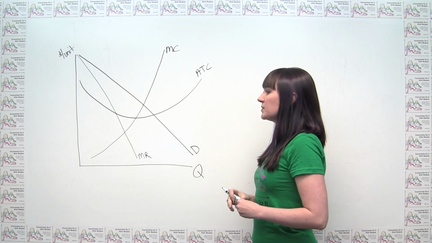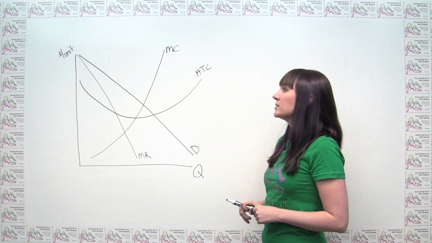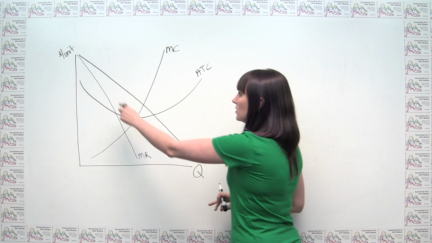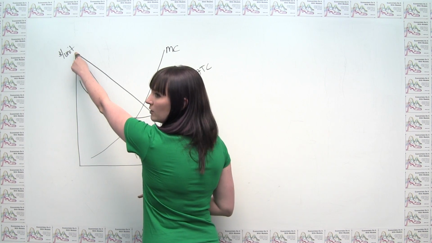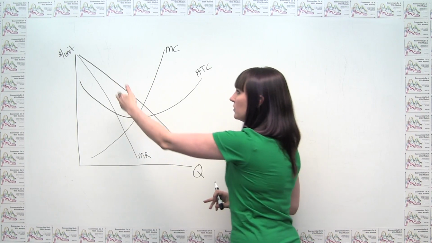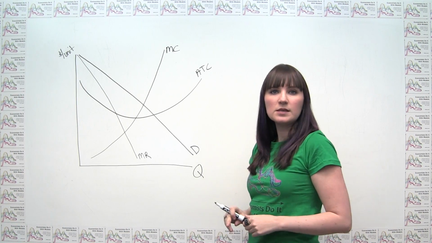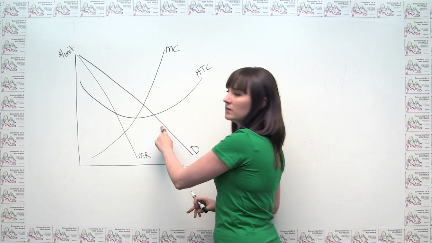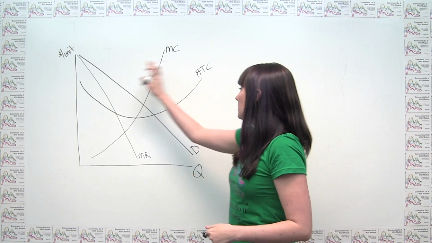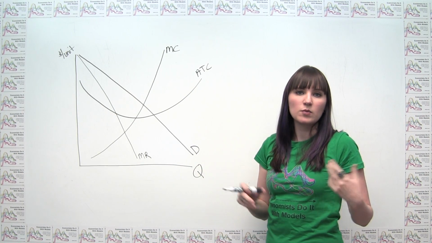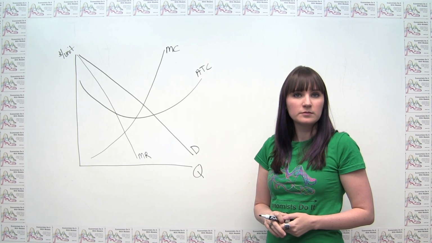We don't specifically go through the math here, but what's relevant to know is that the marginal revenue curve starts at the same point on the vertical axis as the demand curve, but it's twice as steep. So you're going to get something that looks like this, beneath the demand curve. And these are the curves that we're going to be looking at in order to figure out what our quantity, profit, etc. is going to look like.